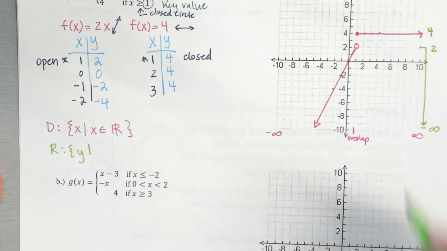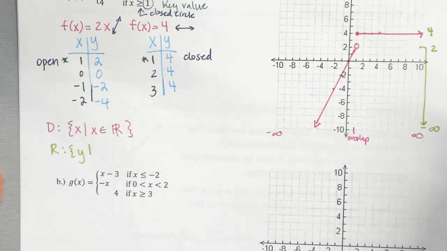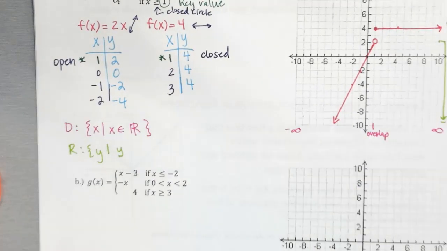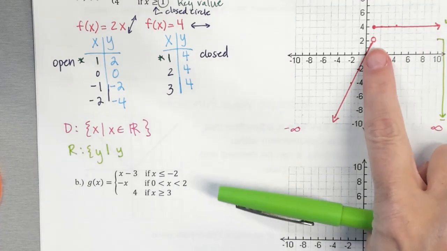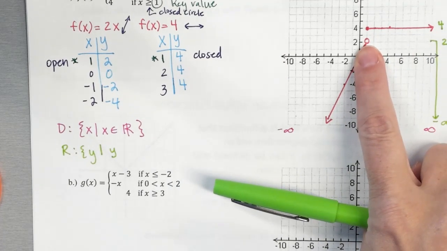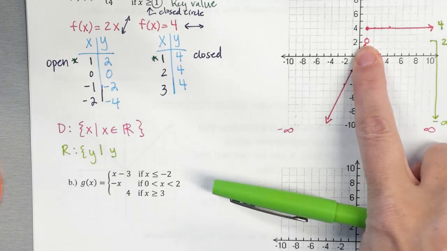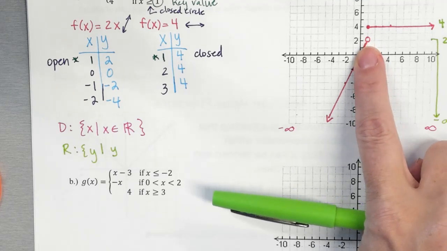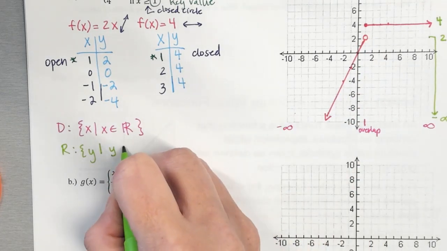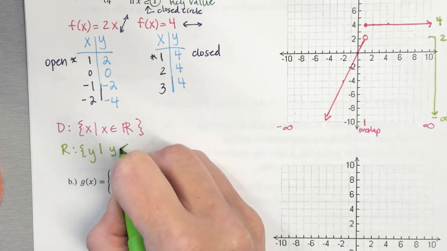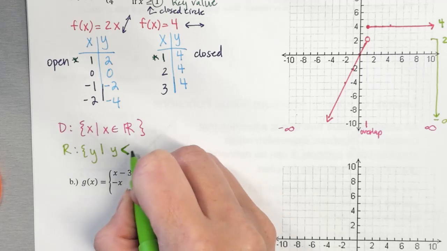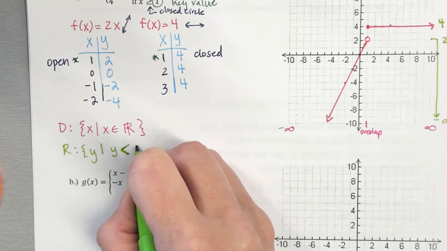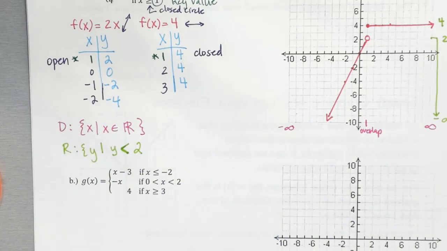So if it's negative infinity to 2, that means all the points are below 2. So the way that we would say that is y is, and then in this case, see how it's an open circle? So if it's an open circle, do we have an equal to or not an equal to? Not an equal to. An equal to will have the closed circle, and this is just going to be y is less than 2.